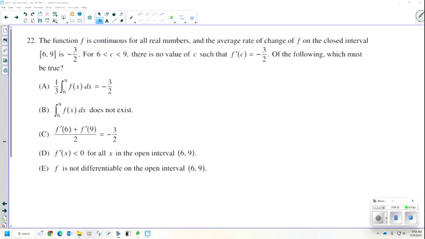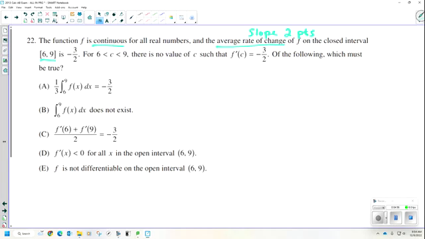All right, 22. The function f is continuous for all real numbers. It's continuous. That's nice. And the average rate of change, that's the slope, on the closed interval from 6 to 9. So that's the slope between 2 points.